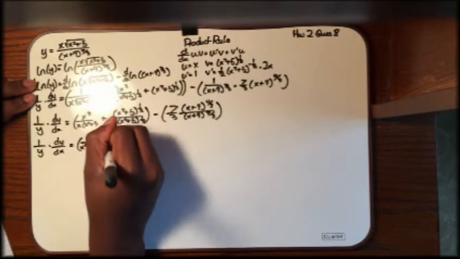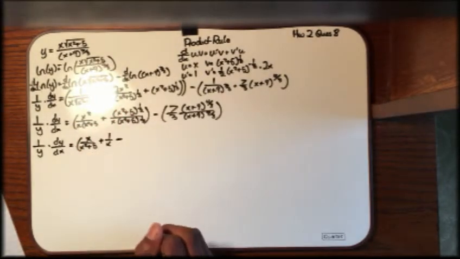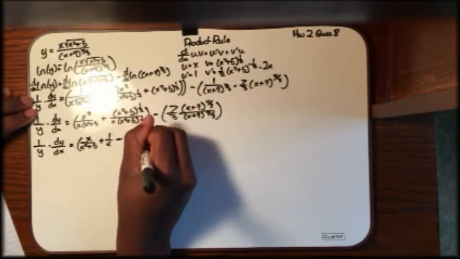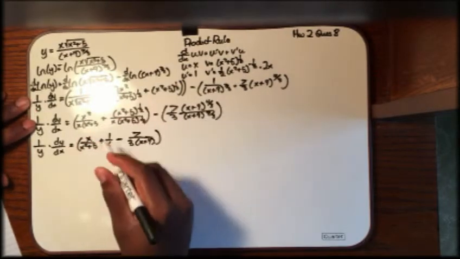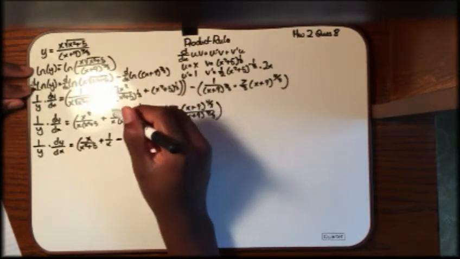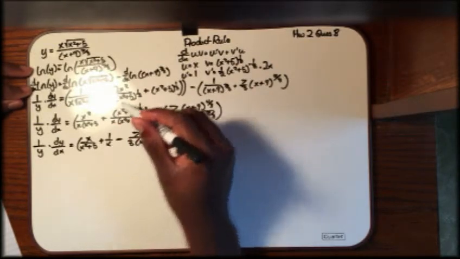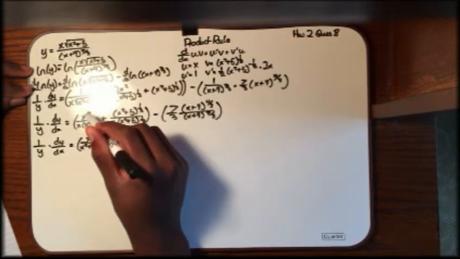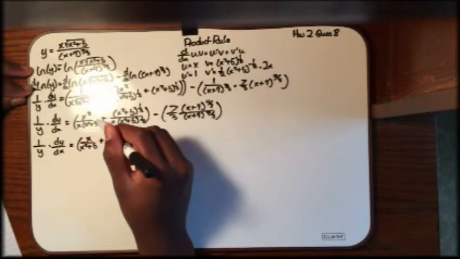And once you simplify a bit more, you get 1 over y times dy over dx is equal to x over x squared plus 5 plus 1 over x minus 7/3 over x plus 9.